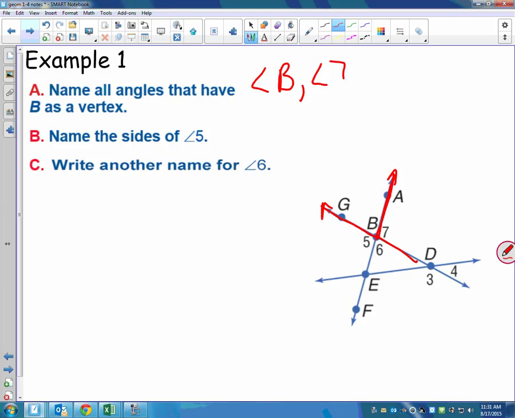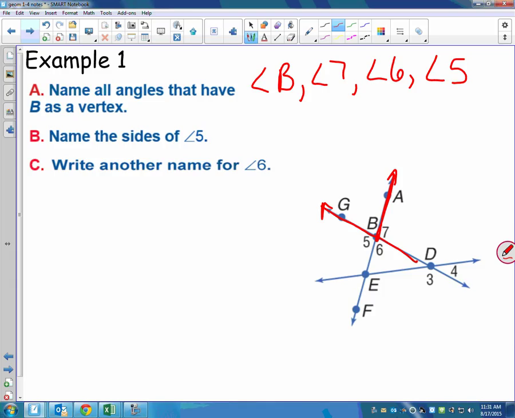It still has its point at B. Angle 6, and angle 5. So that's why sometimes writing numbers in there is helpful, because really that vertex B is for all of those.